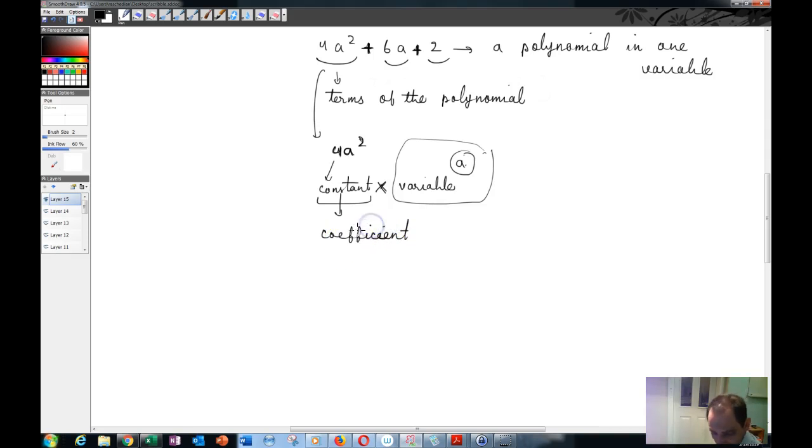That's called the coefficient of this term of this polynomial. So basically that is that.